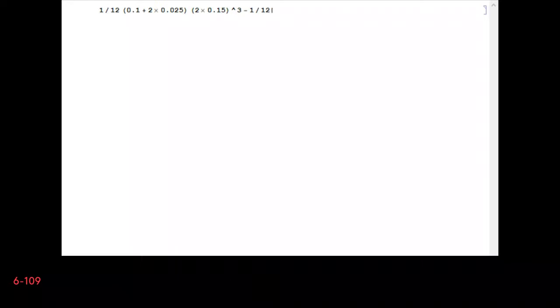Okay, minus 1/12 multiplied by B, B is equal to 0.1, multiplied by 2 times 0.15 minus 2 times 0.05, that is T2, and the cube of it. This is Iz.